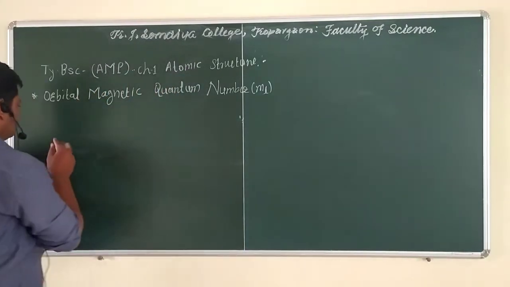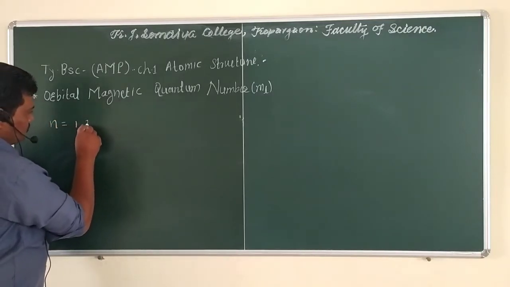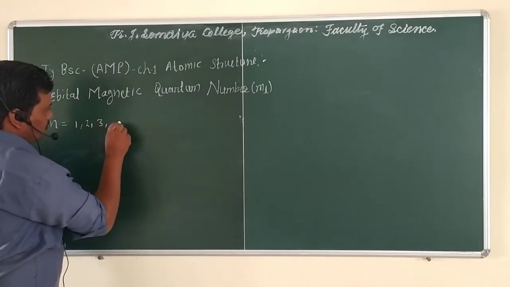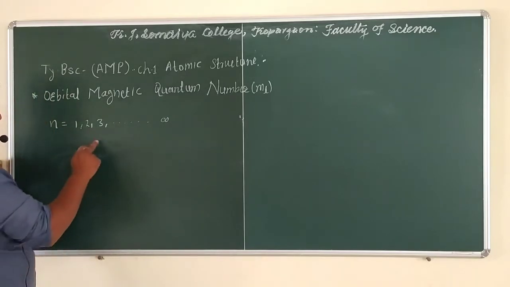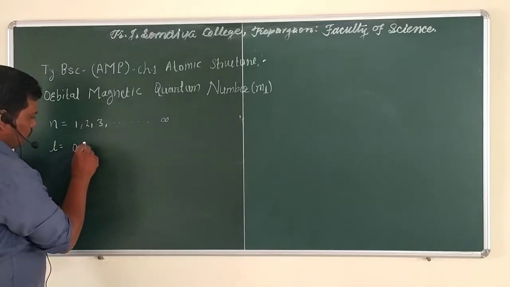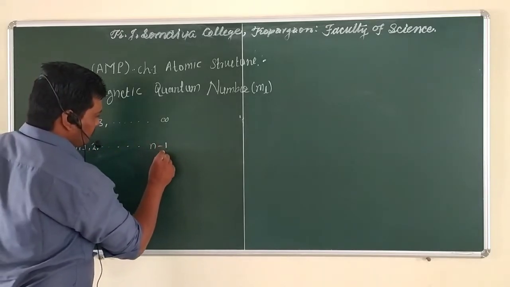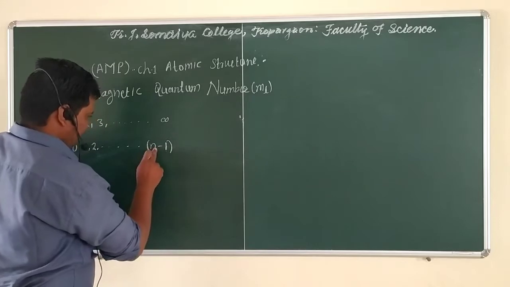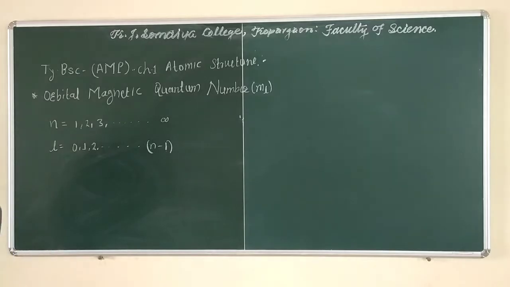So n takes the values 1, 2, 3 up to infinity for the principal quantum number, and the orbital quantum number takes the values 0, 1, 2 up to n minus 1. For example, for n equal to 1, what is the value of l?